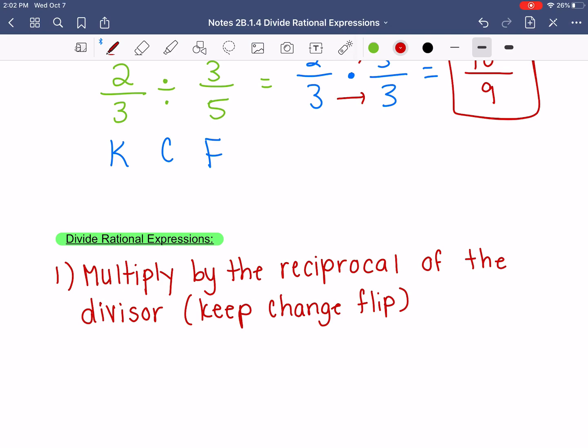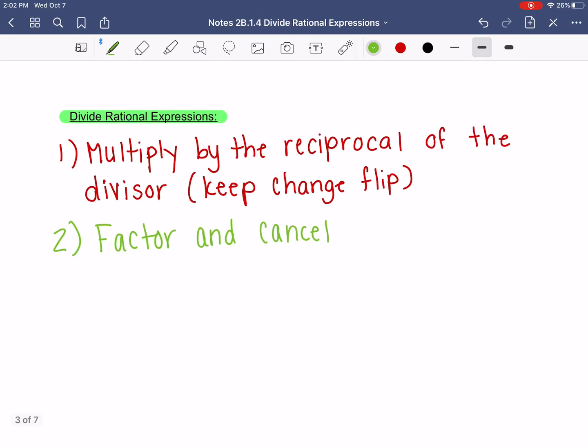After you're done, you now just have a multiplication problem like what we did yesterday. So you try to factor and cancel. And lastly, you just multiply whatever remains.